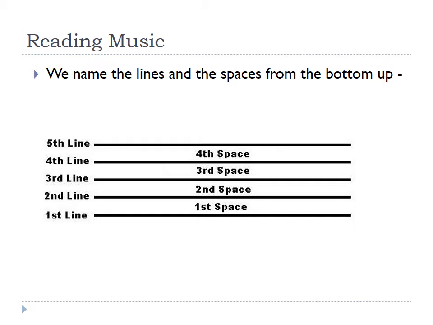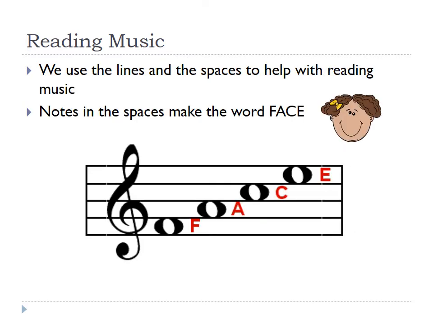We name the lines and the spaces from the bottom up, and that is because we name our notes from the bottom upwards. So we always count from the bottom line, first line, or the bottom space, the first space. As I've said, we use the lines and the spaces to help with reading music.